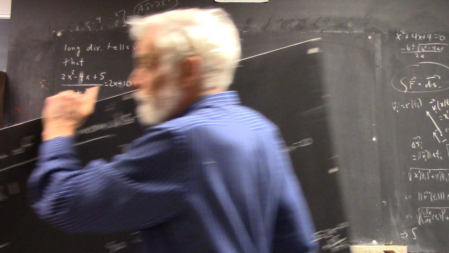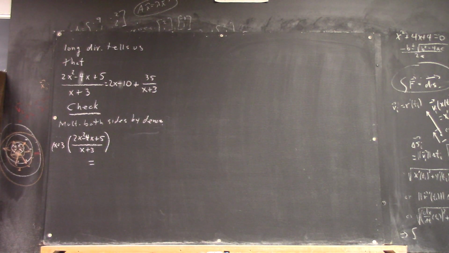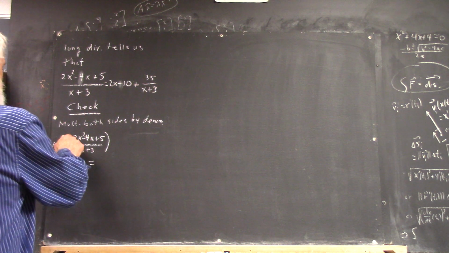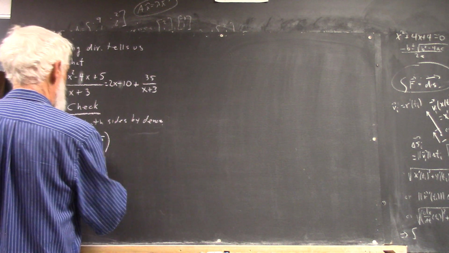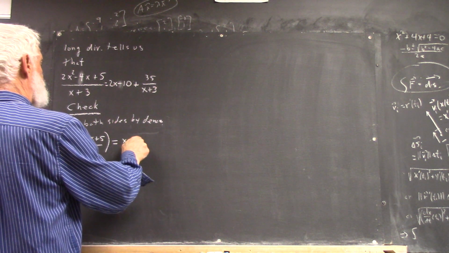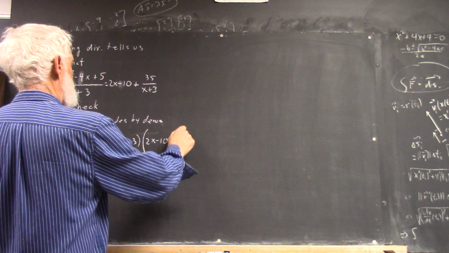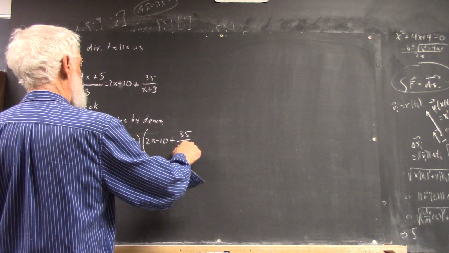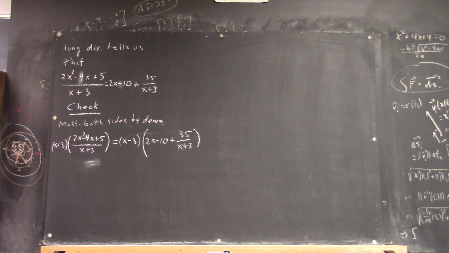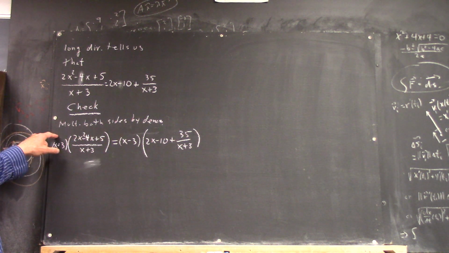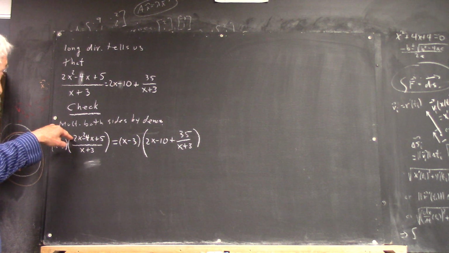Guess I can get rid of this. So that should equal x minus 3 multiplied by 2x minus 10 plus 35 over x plus 3. Well, this becomes x plus 3 divided by x plus 3 times this, which is just going to be this.